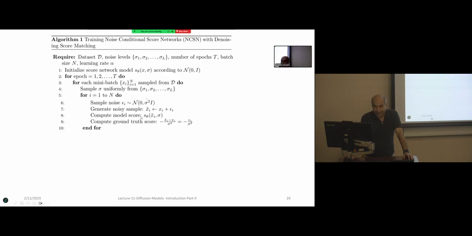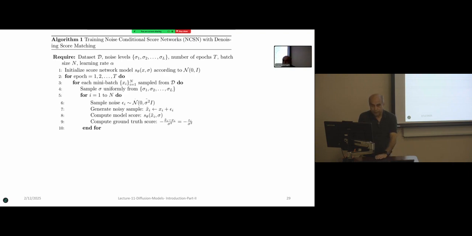We add the noise to xi, it becomes xi hat, and we input that to the score matching function S theta, and the ground truth we know is xi hat minus xi divided by sigma square.